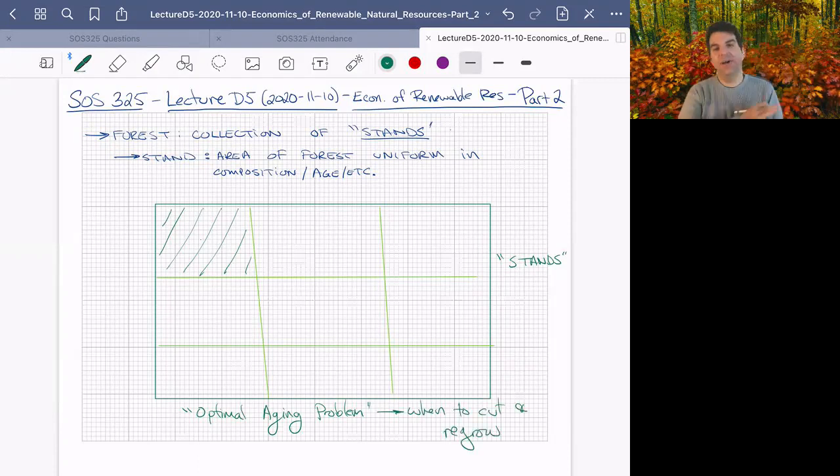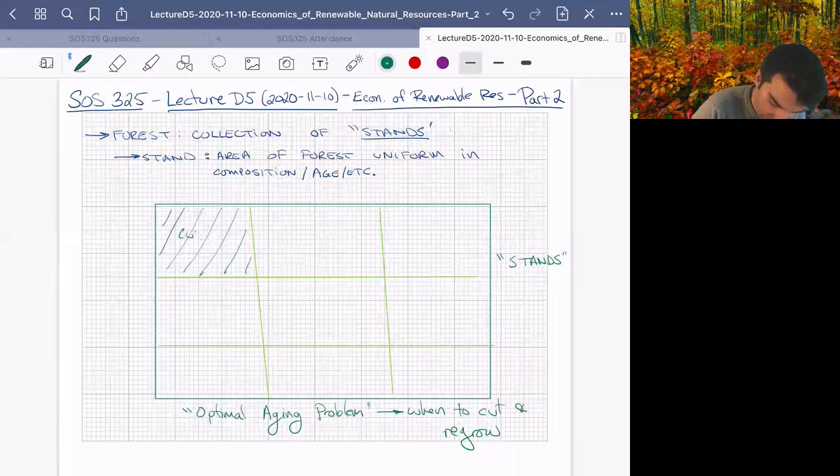Now, across these stands, you might have a single time that you cut, but a single duration that you cut. But if this forest grows in an area of the world where you get basically the same type of growth all year round, then you could stagger when you're doing those cut times. And so you might make it so that you cut this year, and then this one is maybe next year.